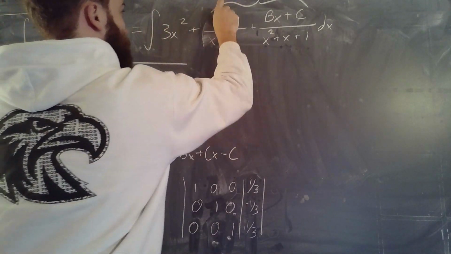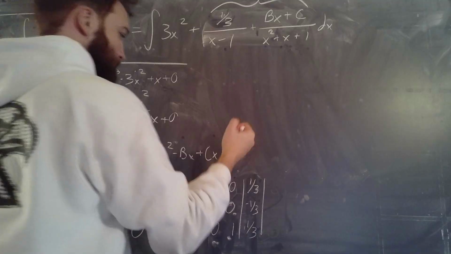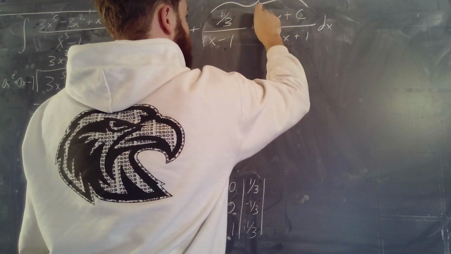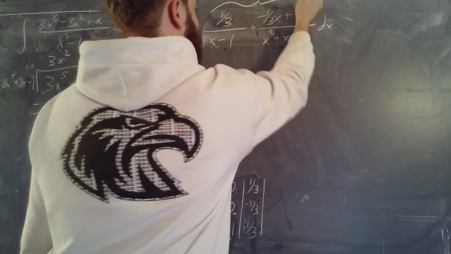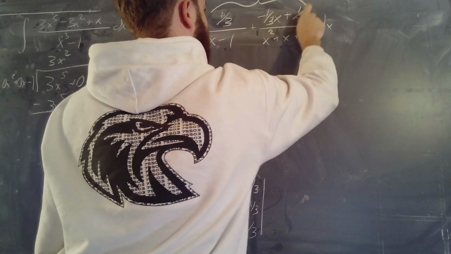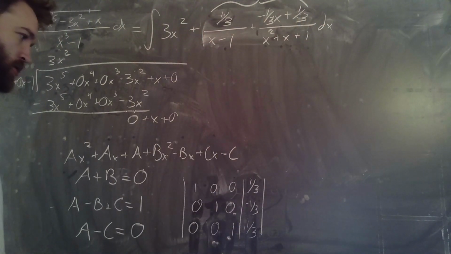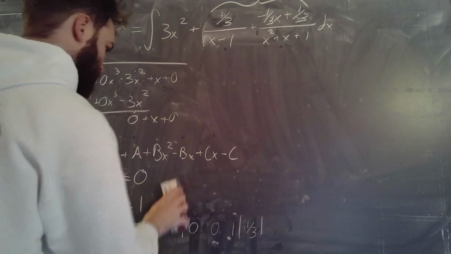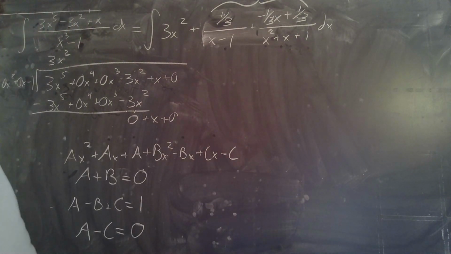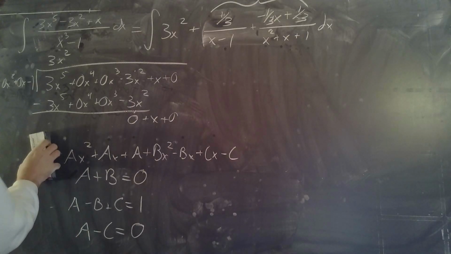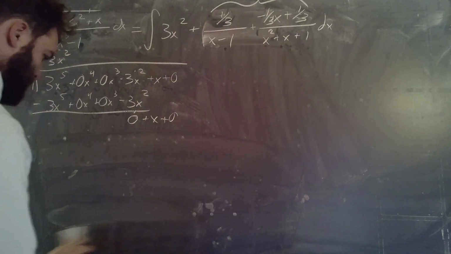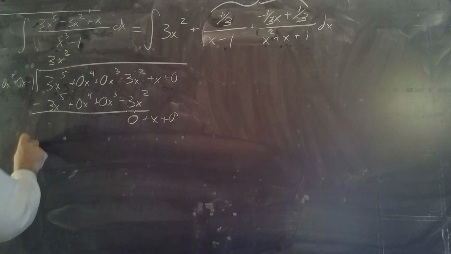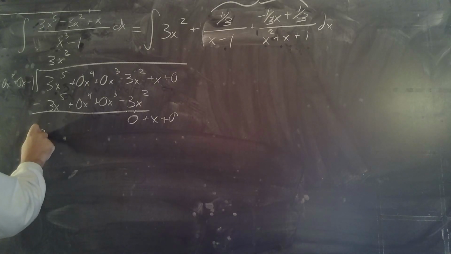So A is supposed to be 1/3, B is supposed to be negative 1/3, and C is supposed to be 1/3, and that is our partial fraction decomposition for this thing. All right, I'm going to get rid of this here, and I'll just rewrite that whole thing so I can keep note of what I did there.